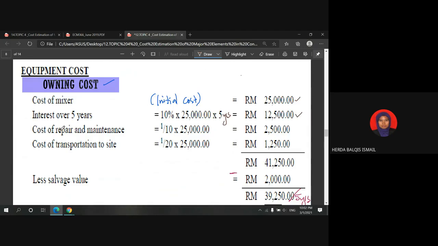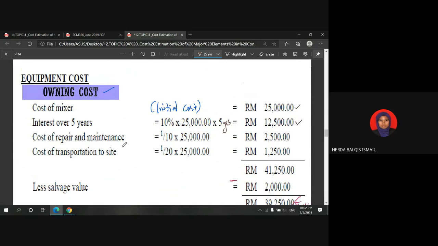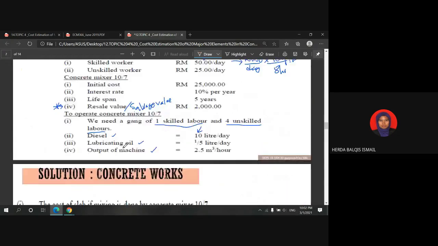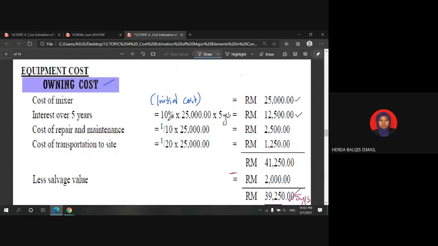Okay, so under owning cost we also need to include the repair and maintenance cost as well as the transportation cost to the site. So where do we get this value, the constant? Basically this is referred from the constant table.